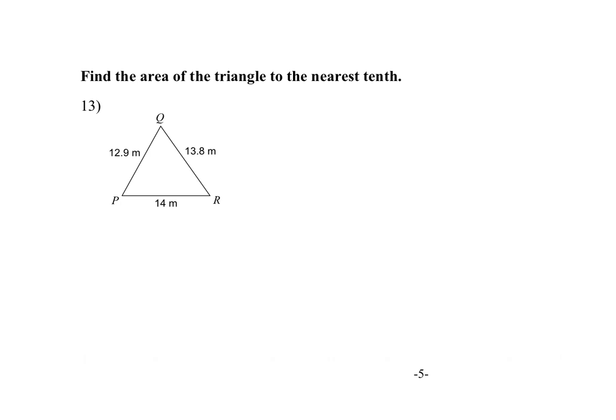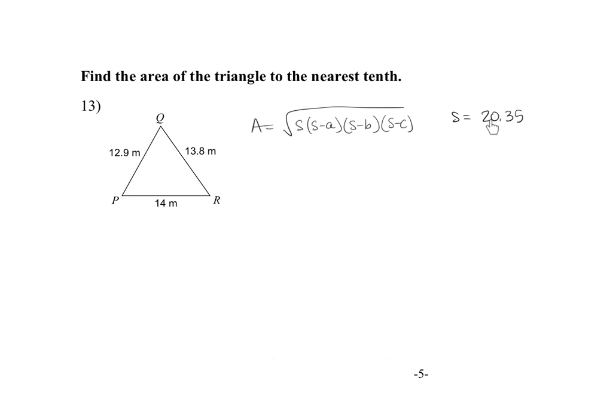When we have side, side, side, and we want to find the area, then there's this formula here, where S is the semi-perimeter. So if we add all three lengths and divide that by 2, we get 20.35.